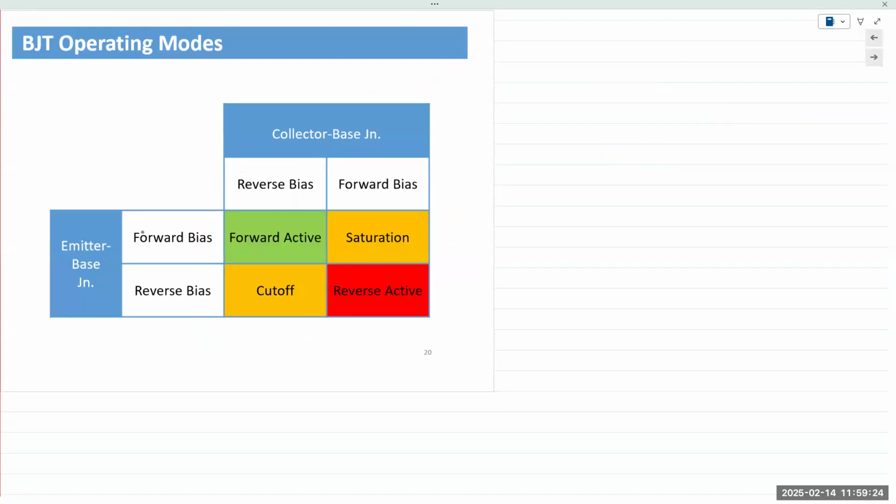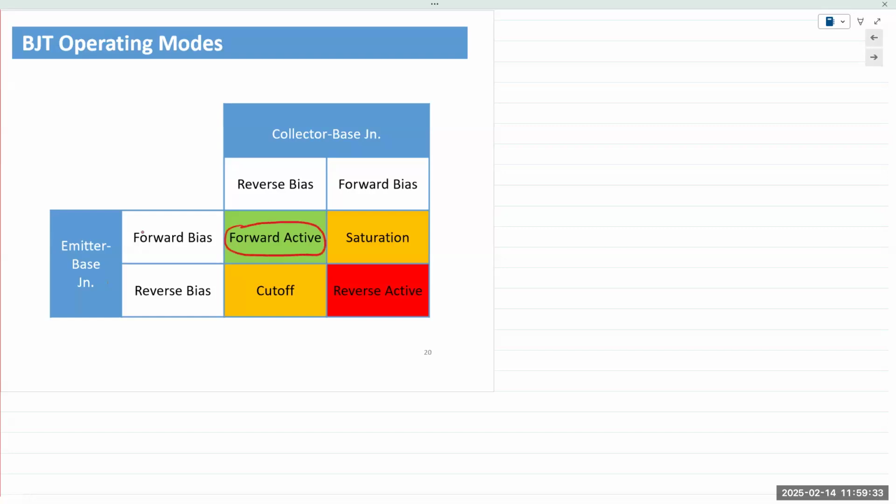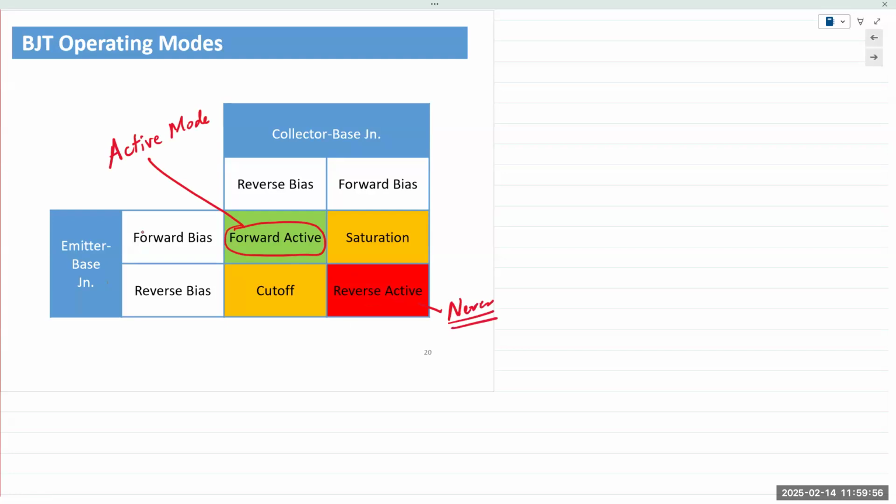If the emitter base junction is forward bias and the collector base is reverse bias, then the mode of operation is known as forward active. This forward active is also simply known as the active mode. And the reason for that is the transistor is never operated in reverse active mode. Never or not permitted.